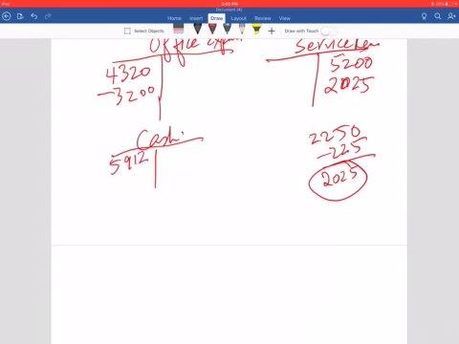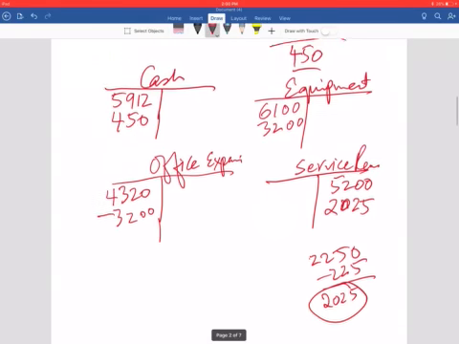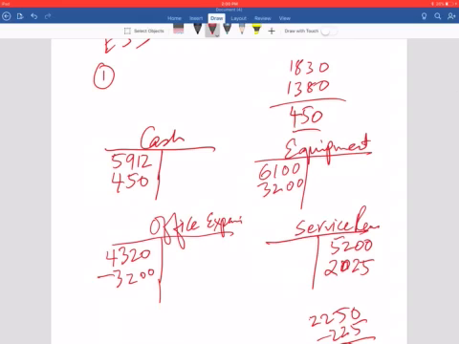So what I'm going to do is go back into the account that was created. Let's go back, and that's here. So I have a $95 that was debited to cash.